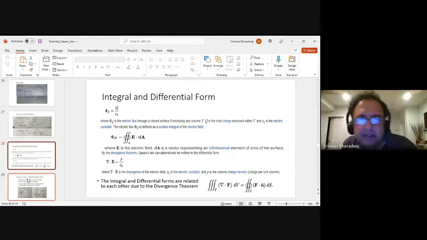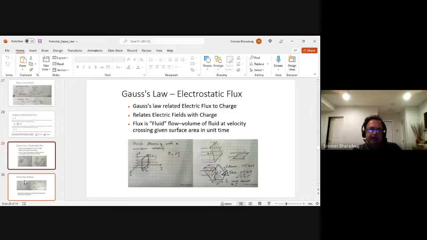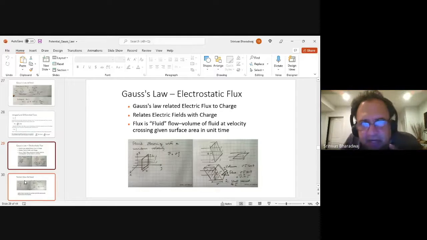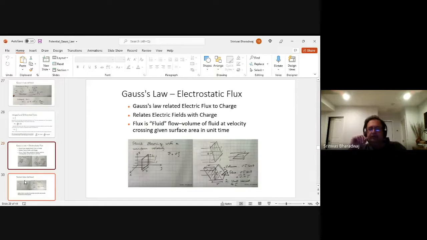Not important if you are really for high school, but we just teach it a little bit as to why Gauss's law is taught in two forms. Mainly, you understand this surface, the idea of a Gaussian surface, closed integral of a Gaussian surface, the theory around it, fluid flow theory, flux theory, etc. Okay.